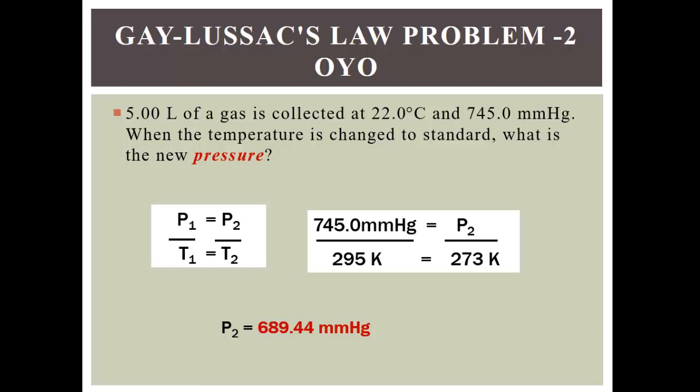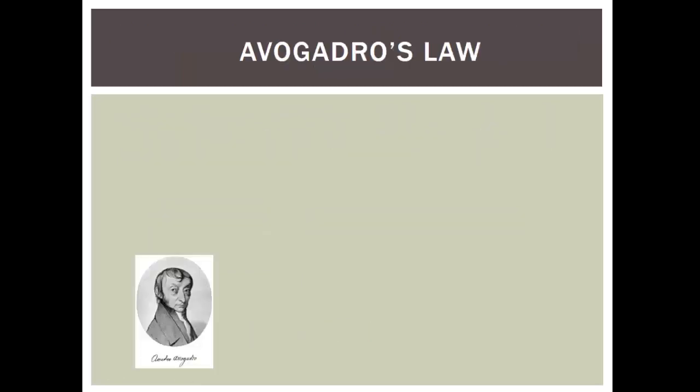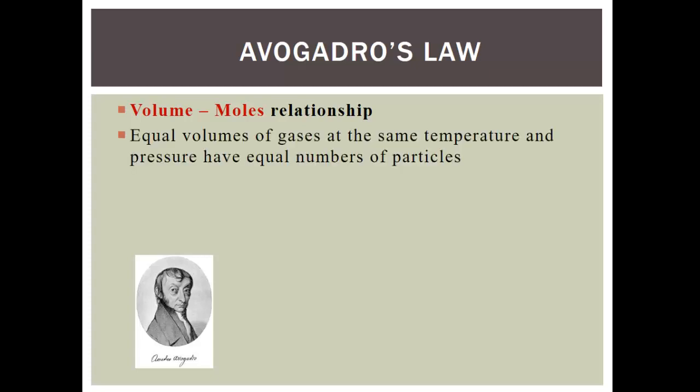Okay, let's move on to our last one, and this is Avogadro's law. We talked about Avogadro's law earlier in the year when we did our mole conversions. Avogadro's is the volume-mole relationship. Remember, Avogadro worked with gases, and what he found was that equal volumes of gases at the same temperature and pressure have an equal number of particles in them.